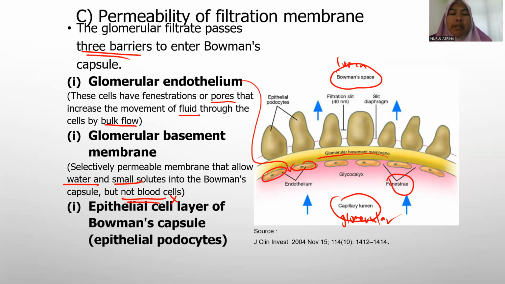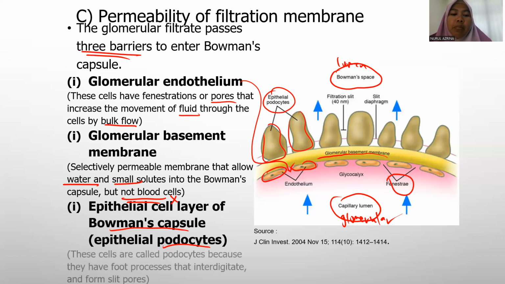And then number 3 is the epithelial cell of the Bowman's capsule, that we call the podocyte. So this is the epithelial podocyte. Right? So the third barrier is the epithelial layer of the Bowman's capsule that we call the podocyte.